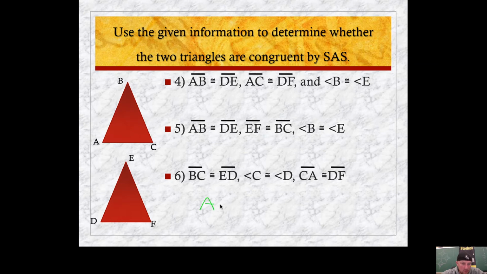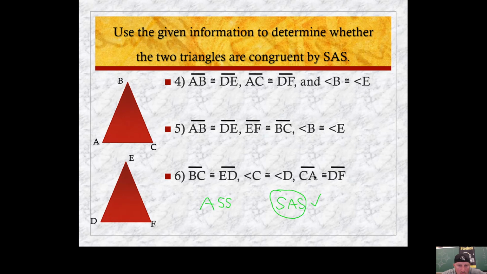So, is it AS or is it side angle side? Do you know the difference just by looking at the congruent statements? Well, look at angle C. Isn't it included between those two segments? Look at angle D. Is it included between those two statements? It is. That's why it's this guy.